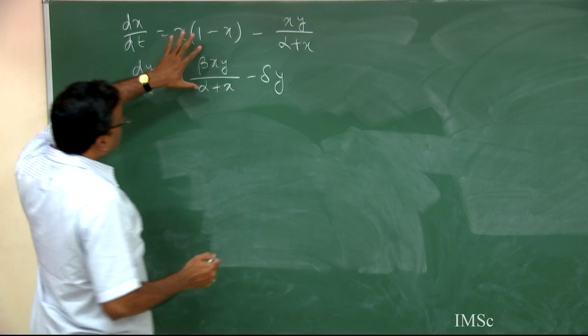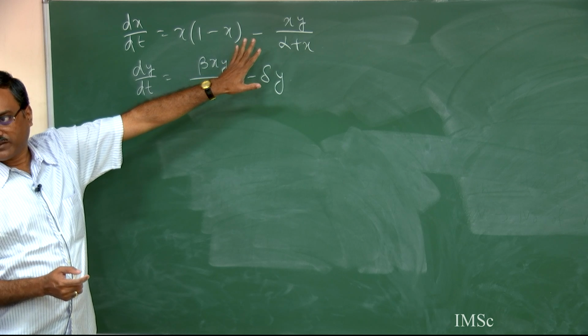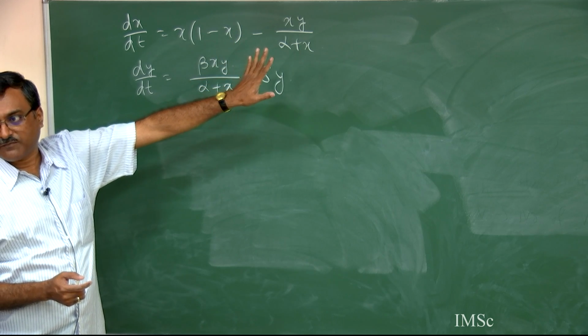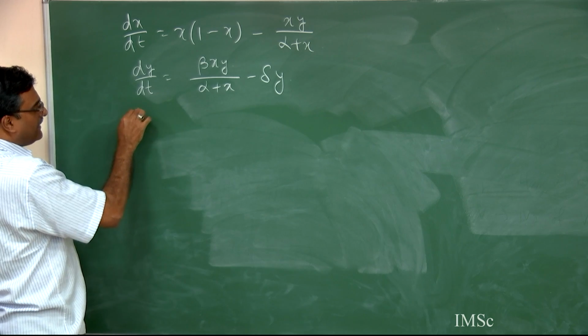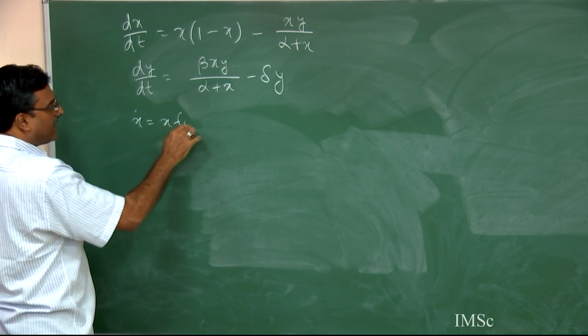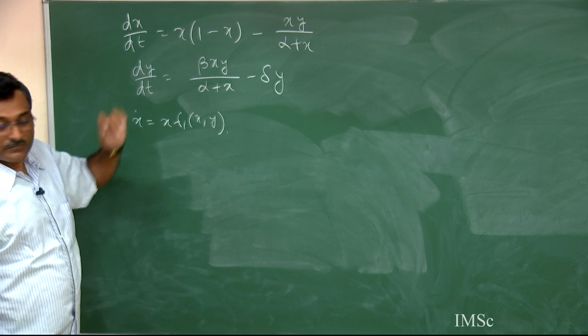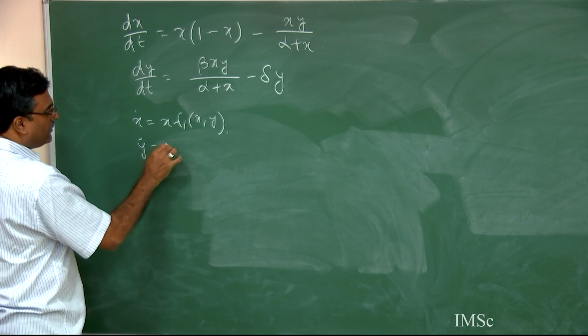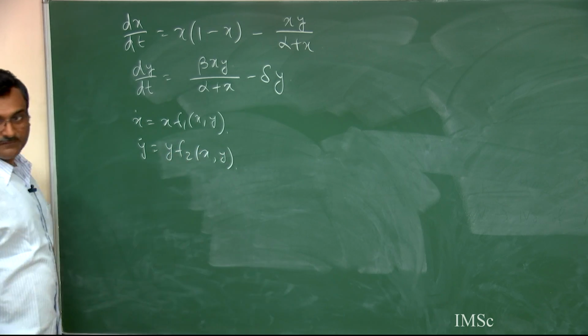Now from this equation, quickly I can give you the idea how you can ensure that solutions remain positive if you start from any positive initial condition. You can verify that you can write x dot equal to x times some f1(x, y), taking x common, and similarly y dot equal to y times some f2(x, y).